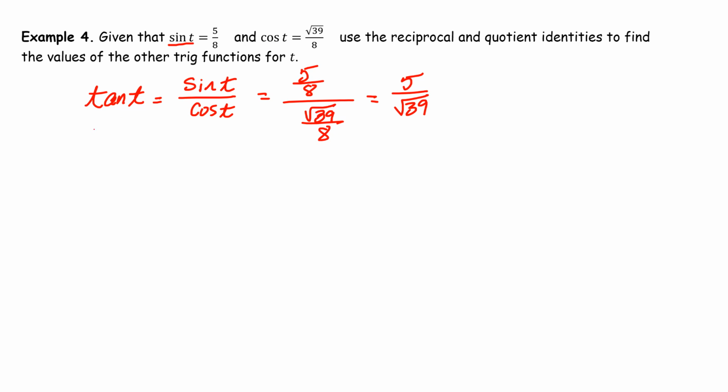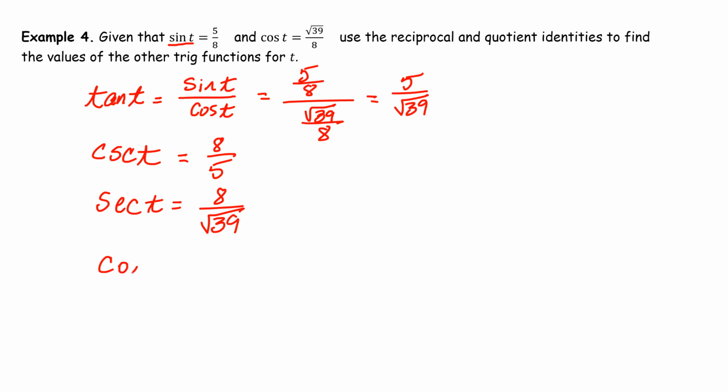So then we can go on to cosecant, which is the reciprocal of sine. So we just flip sine upside down, and there's cosecant. Secant is the reciprocal of cosine, and so we flip that upside down. We'll have 8 over square root of 39. And then cotangent is the reciprocal of tangent, and that is going to be square root of 39 over 5.